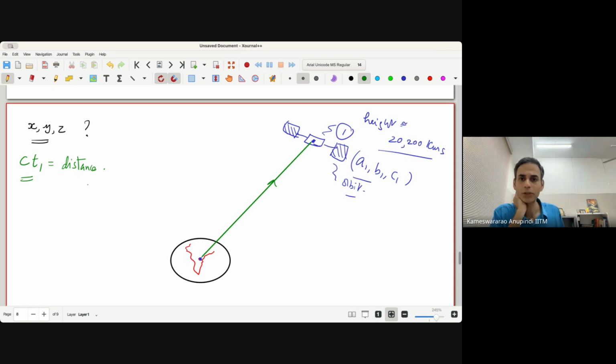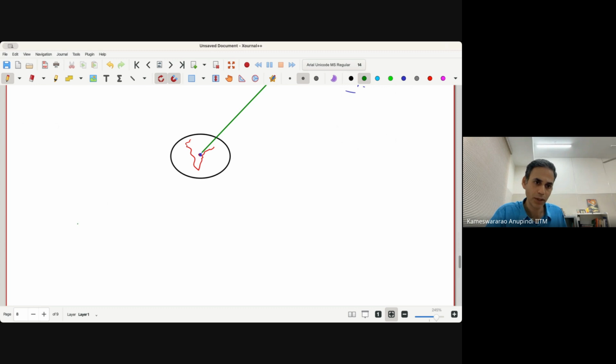But this distance can also be written using the distance between two points formula. Because a1, b1, c1 are known, we can write this as x minus a1 squared plus y minus b1 squared plus z minus c1 squared.